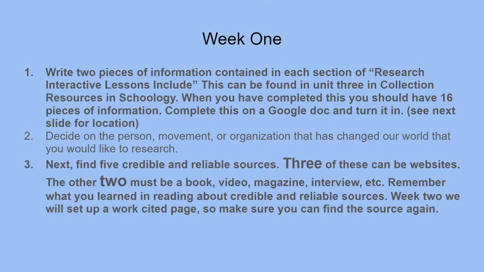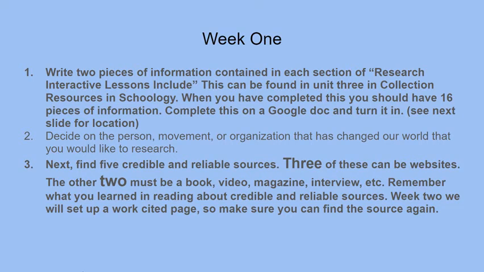That's a mouthful of a name, and I'll show you where that is. This can be found in Unit 3 in Collection Resources in Schoology. When you have completed this, you should have 16 pieces of information. Complete this on a Google Doc and turn it in to me. Then I'll show you on the next slide where it's located.